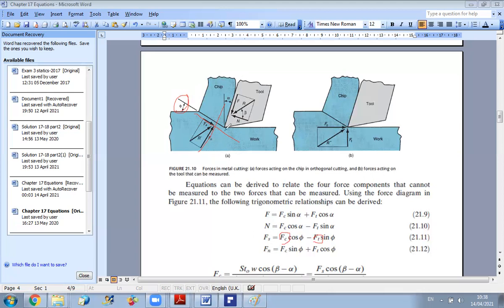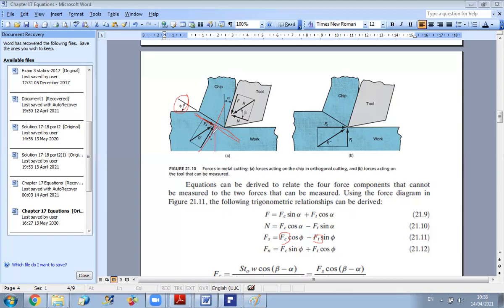Same procedure. First I want to determine the projection of the forces Fc and Ft on the Fs line. So this is the Fs line. I should determine the angle between these forces. In this case, this is Fc.